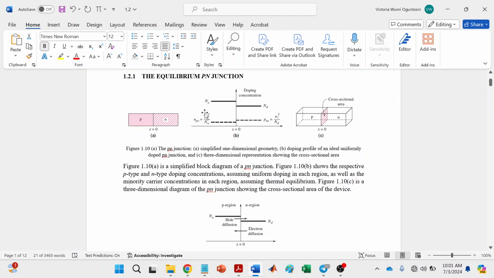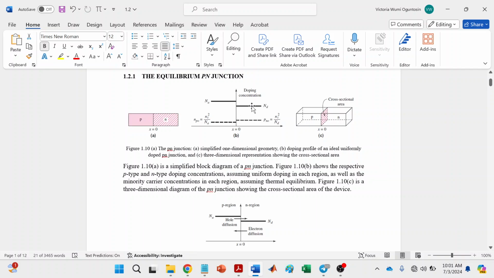As we considered in the previous class, for the P region, the holes are the majority carriers, but we still have some minority electrons. This is the profile of the minority carriers in the P region. Similarly, the N region is doped with donor atoms.